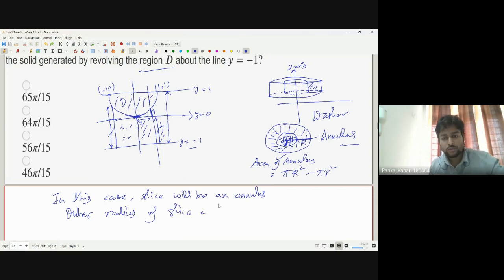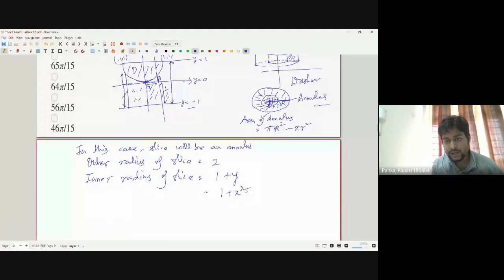This is equal to 2, right? The inner radius is not constant. So what is the inner radius? Inner radius is 1 plus y, where y is positive, and this y as a function of x is given by x square, because the curve is a parabola, which is y equal to x square.